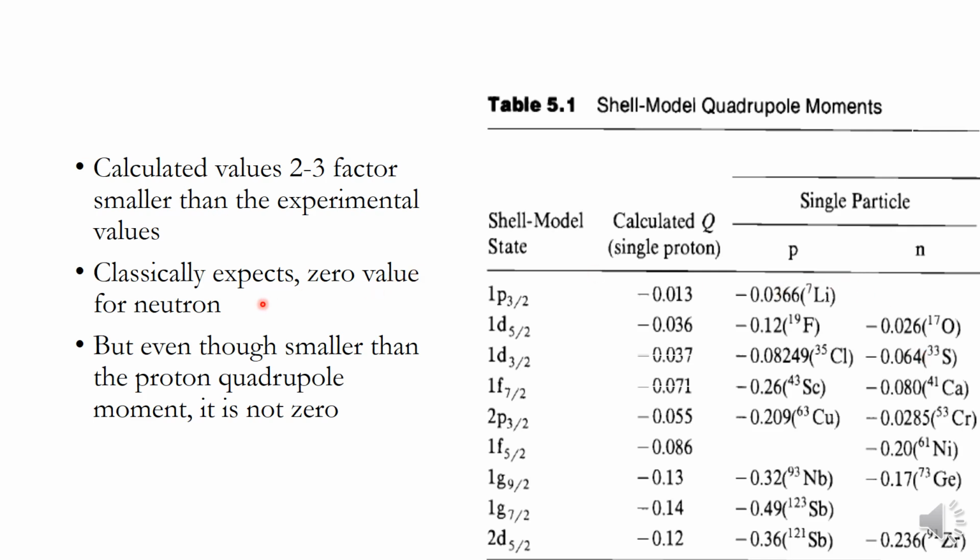Classically, we expect a zero value. Okay, but there is a value. There is an electric quadrupole moment value even for the neutron.